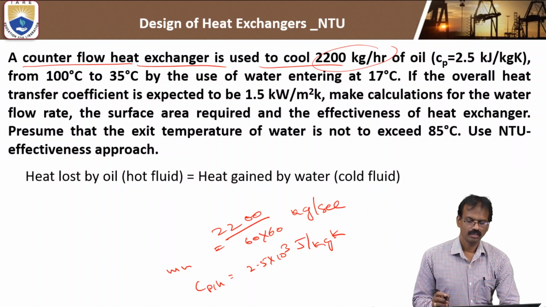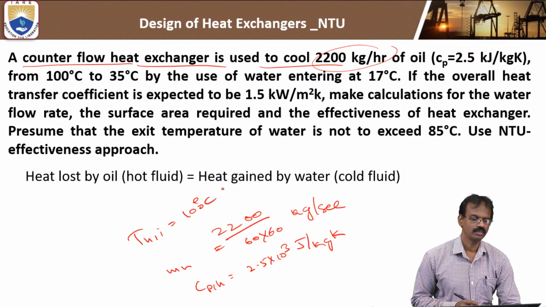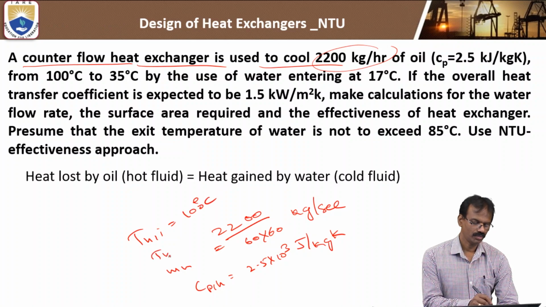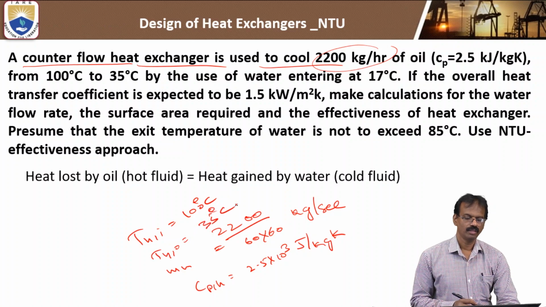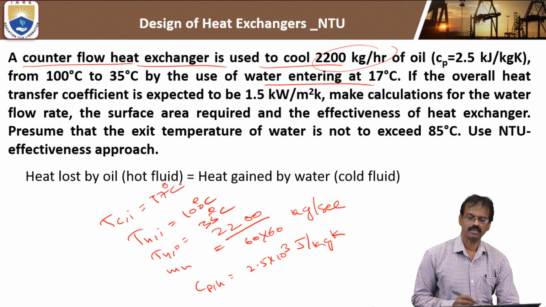So THI is equal to 100 degrees Celsius, and TH0 is 35 degrees Celsius. The water entering temperature TCI is 17 degrees Celsius.